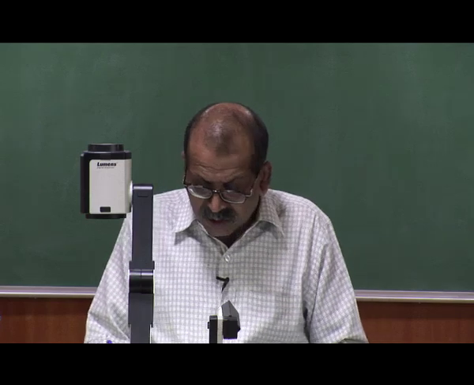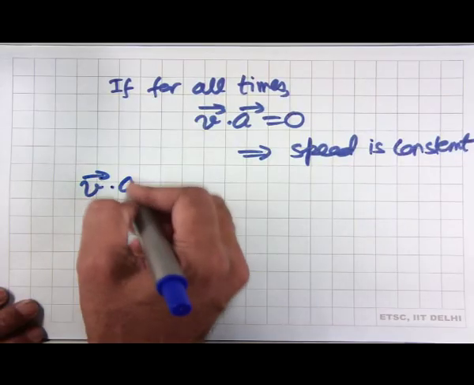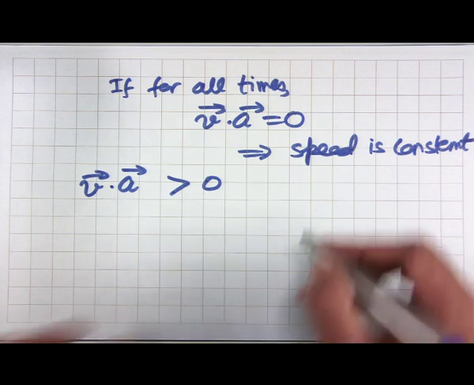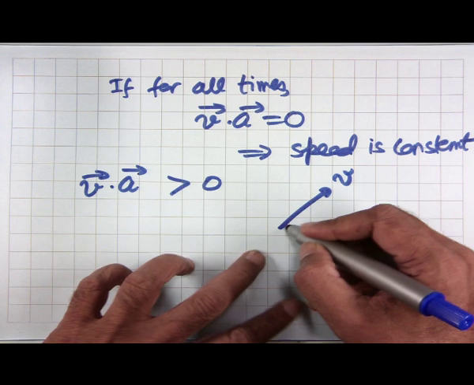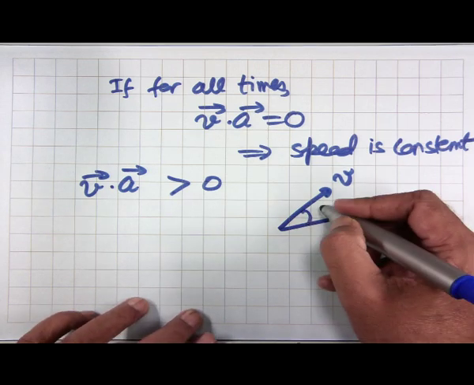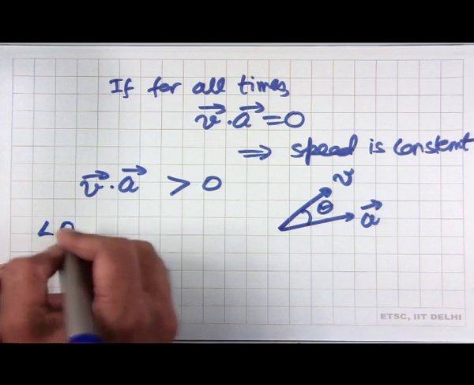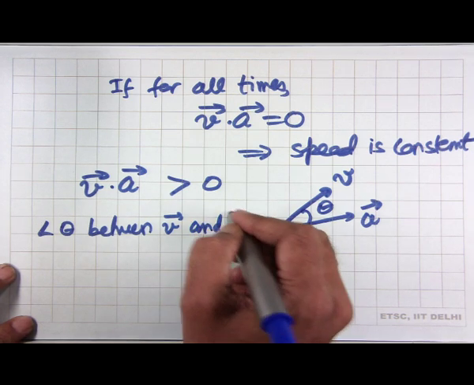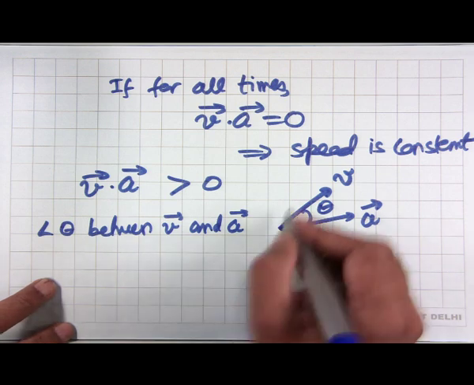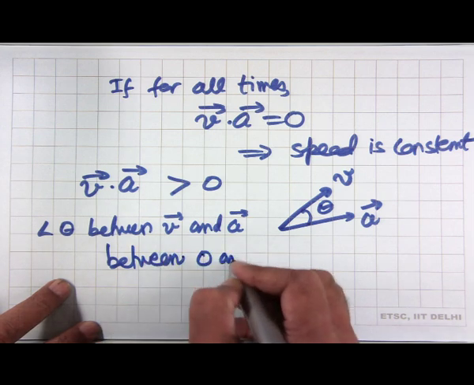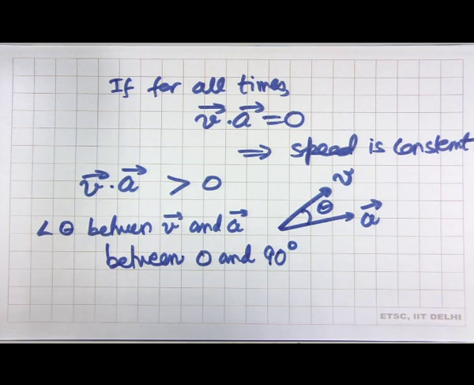Also, we can have a look at the sign. If v dot a is greater than 0, when will this happen physically? If this is the velocity vector, if this is the acceleration vector, v dot a will be greater than 0 if the angle theta between v and a is between 0 and 90 degrees, because it is v a cosine theta.